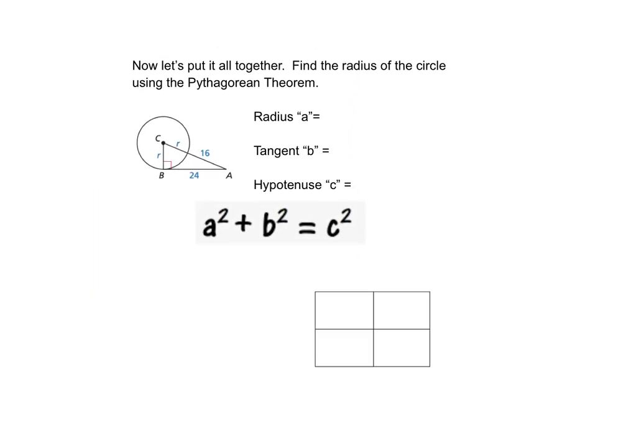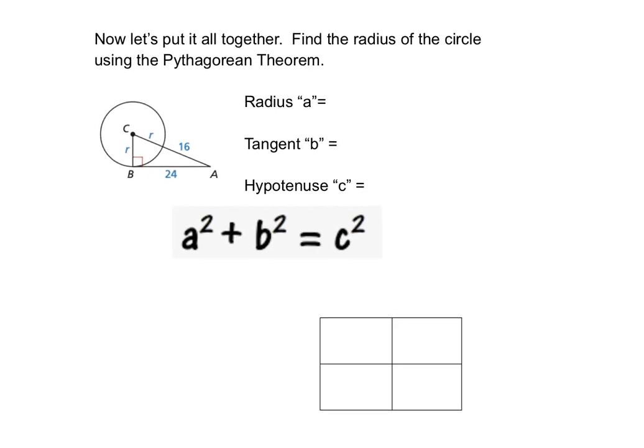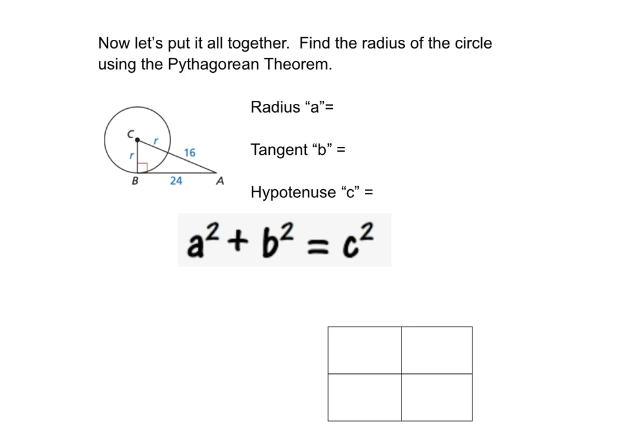Okay, it's going to put it all together. We're going to find the radius. In this case, we don't know what the radius is, and we're going to use a little bit of algebra and that idea with the Pythagorean theorem to figure out what the radius is. The radius in this case goes from here to here. Our radius is r. Our tangent, that's the guy here on the outside, is going to be 24.